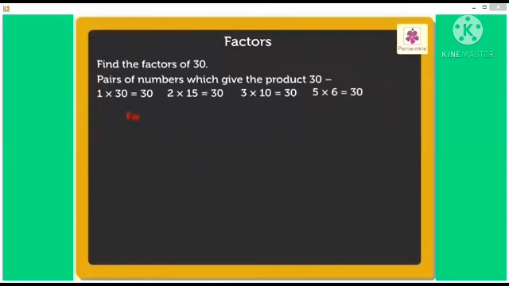Thus, the factors of 30 are 1, 2, 3, 5, 6, 10, 15, and 30.